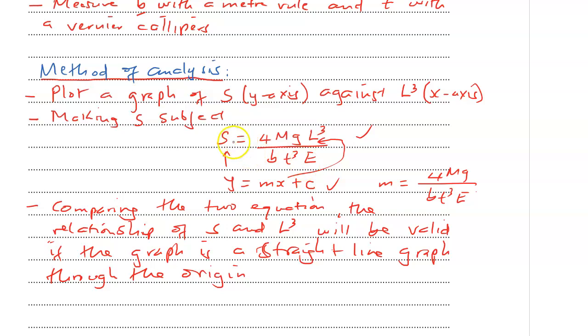So if you plot values of S and corresponding values of L cubed and find that the graph is a straight line through the origin, then you have proved that the relationship of S and L cubed is valid.